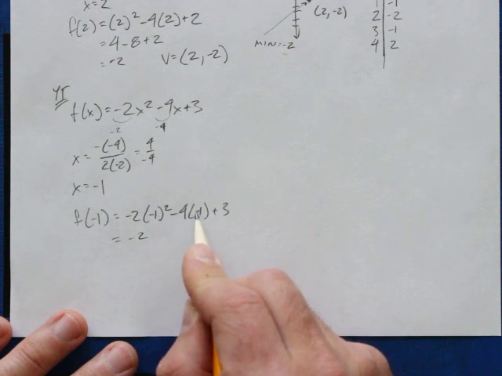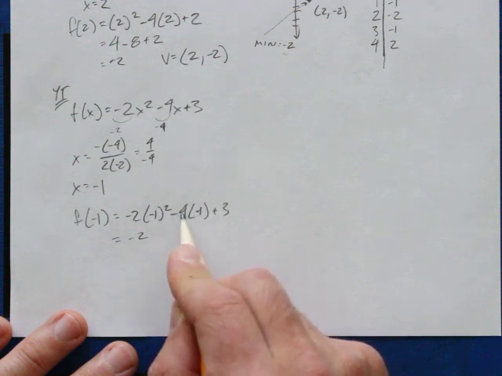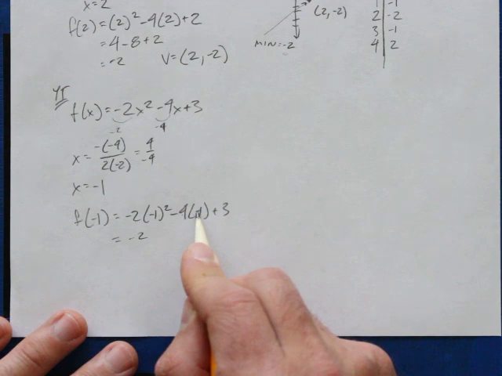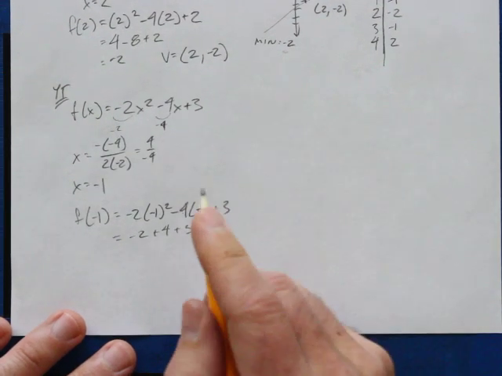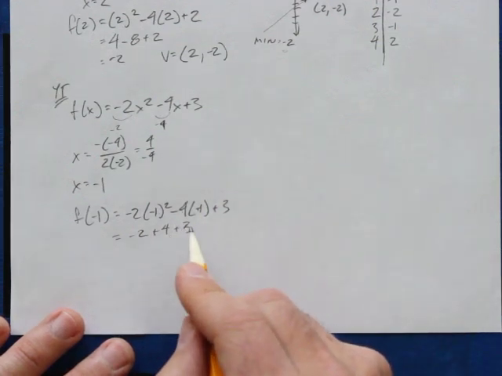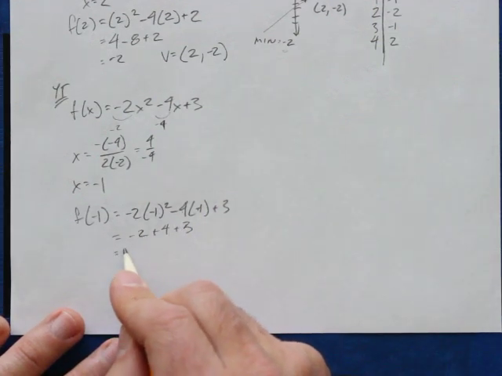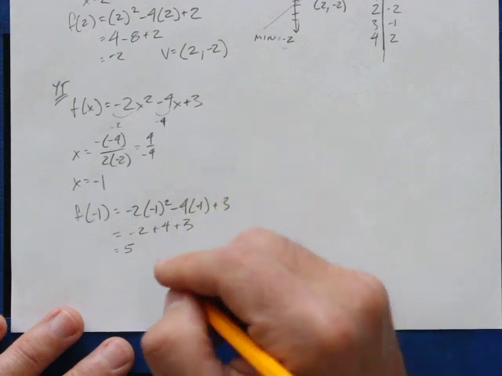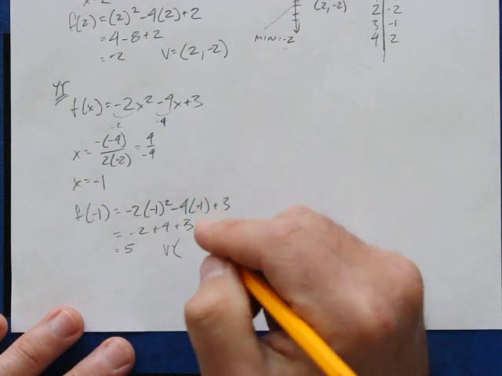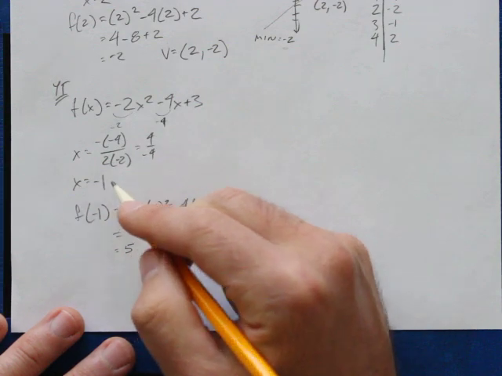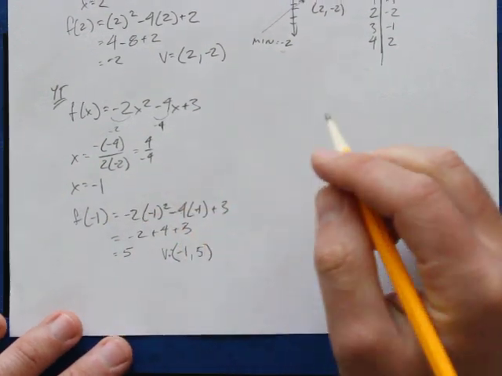Minus negative 4 times negative 1 is positive 4, plus 3. So I end up with 7 minus 2, which is 5. So my vertex is negative 1, my x value, and 5.